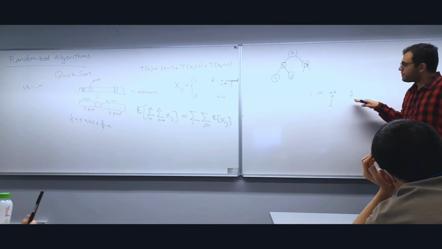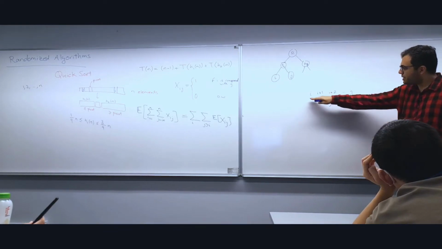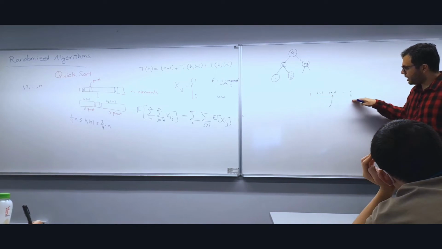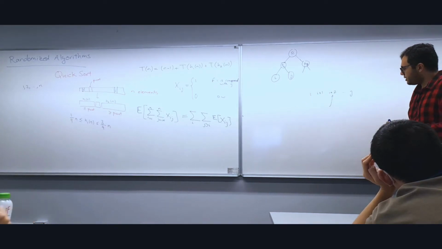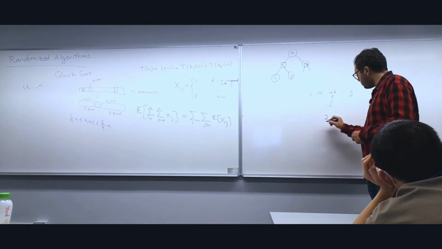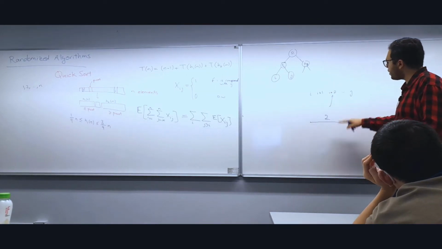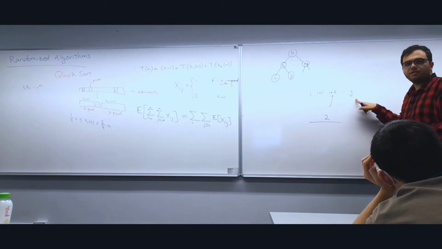So the probability that the first pivot chosen in this range from I to J is either I or J is going to be 2, because we have 2 elements, I and J, divided by the number of elements that we have here.